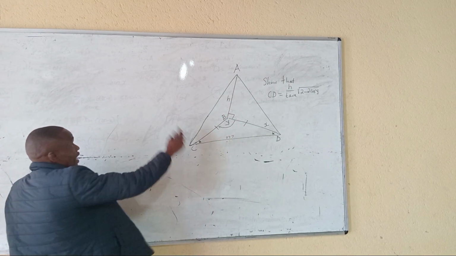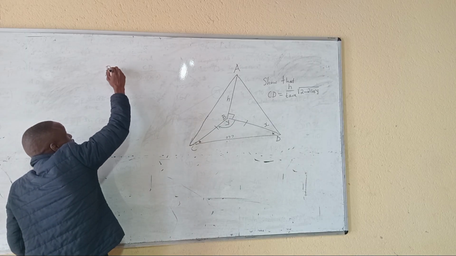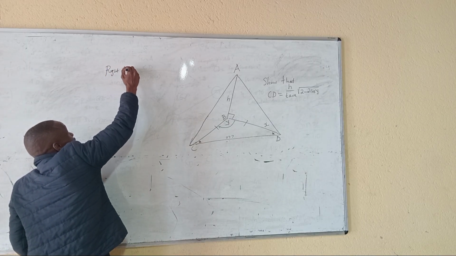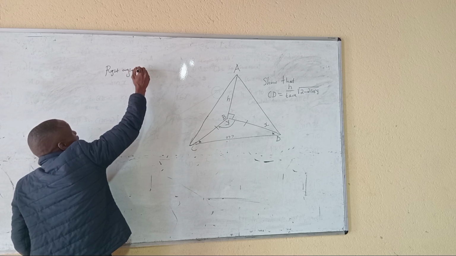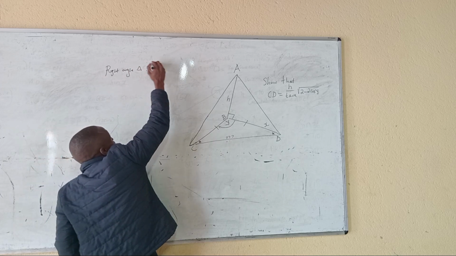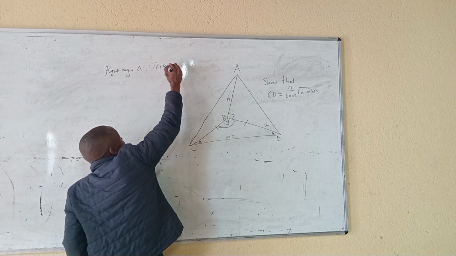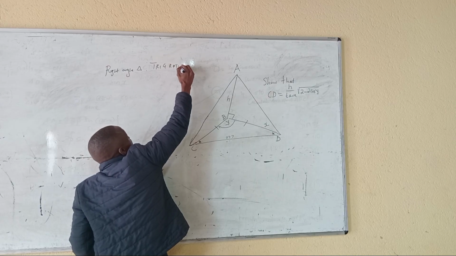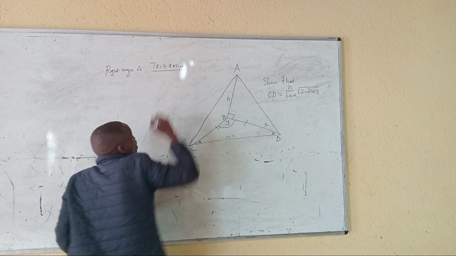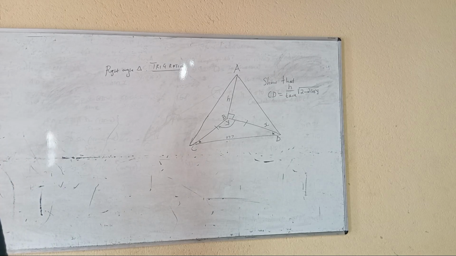Now, because it's a right angle triangle, we can use our trig ratios. You recall that we use our trigonometric ratios when we have what? A right angle triangle.